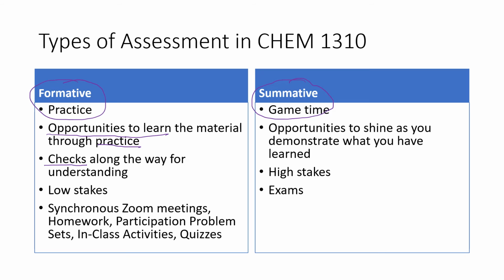Formative assessment tends to be low stakes, right? This is why you get multiple attempts. The participation problem sets you can do 3 times, you get your highest score. The quizzes, you get to do 2 times and we keep your highest score. The homework problems, you can attempt an unlimited number of times.